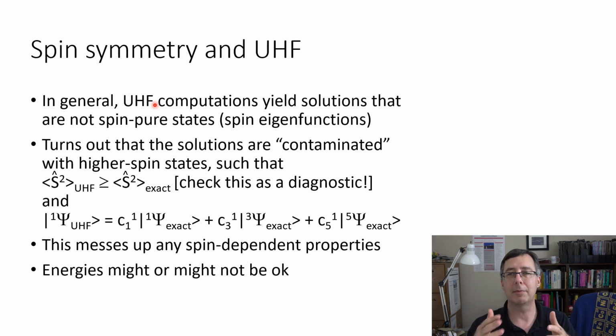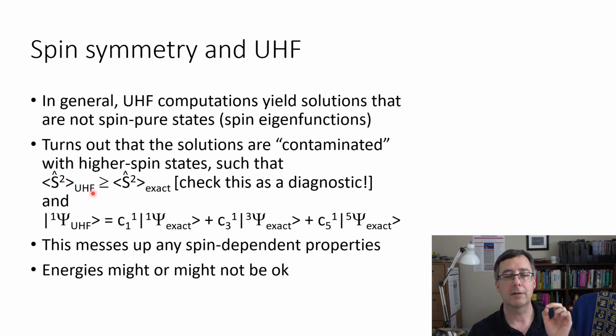But in a general application where you would want to use UHF, like a doublet state or a triplet state, your eigenfunctions are not spin eigenfunctions, okay? And what we say is that they're contaminated by higher spin states. And I can calculate the expectation value, or the average value of this S squared operator, and it ought to give me h bar squared times S times S plus 1.